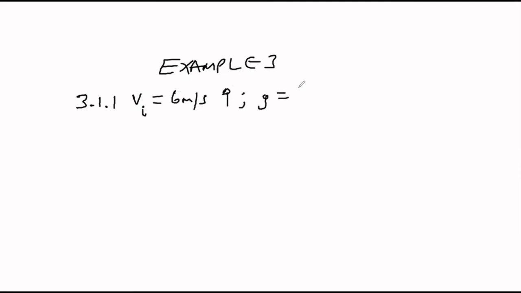We have g, which is 9.8 meters per second squared, downwards. We're looking for the maximum height. So at maximum height, V final is 0.